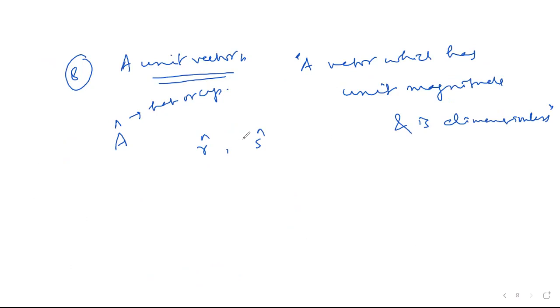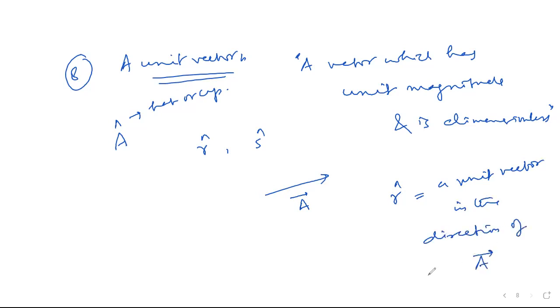And you can define a unit vector in any direction. You have to specify that. For example, sometimes I may say, let there be some vector A in a certain direction having a certain magnitude. Then I define R cap to be a unit vector in the direction of vector A. You can define a unit vector in any direction.